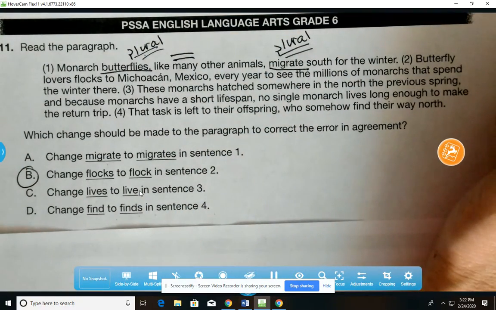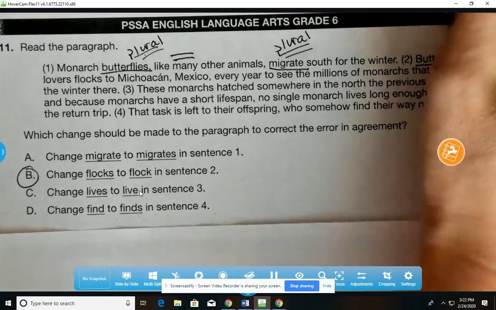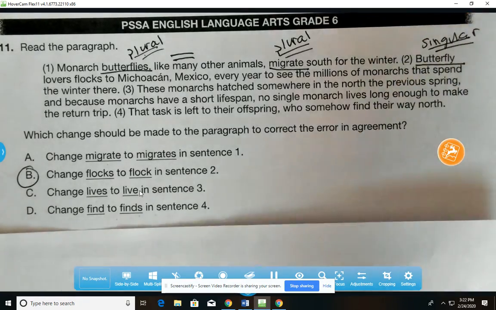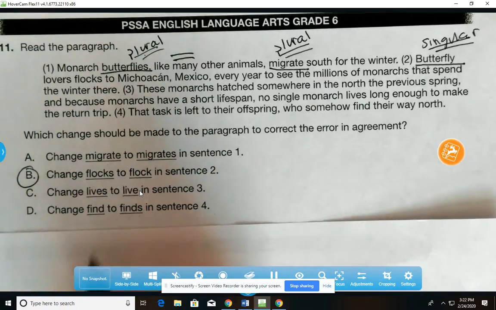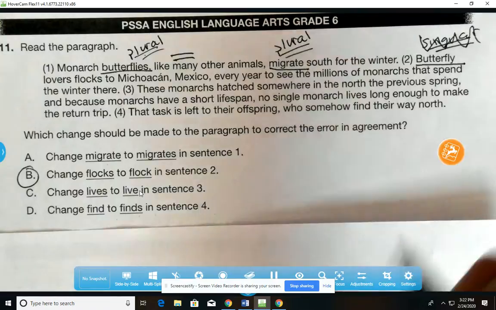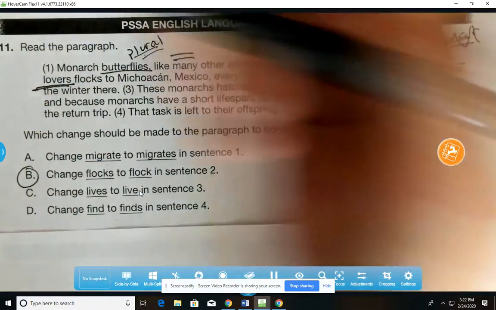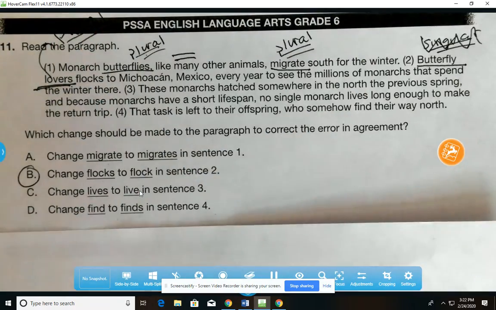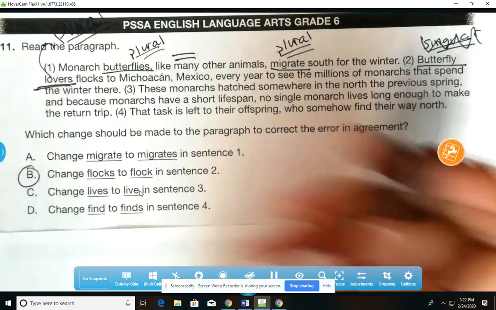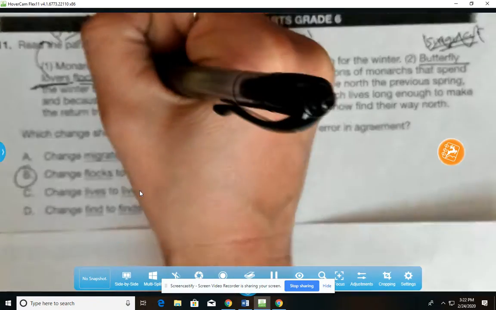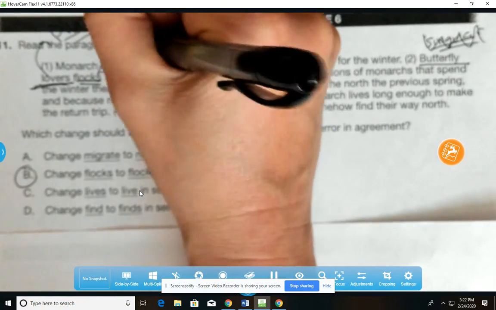In the second sentence, which is the one that needs changed, butterfly is singular, or excuse me, I'm sorry, lovers is plural. So we have this plural word lovers, butterfly lovers. And then we have flocks, which is singular.